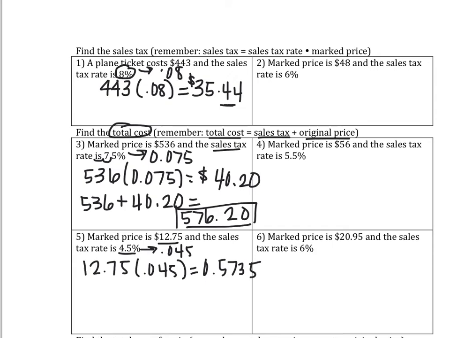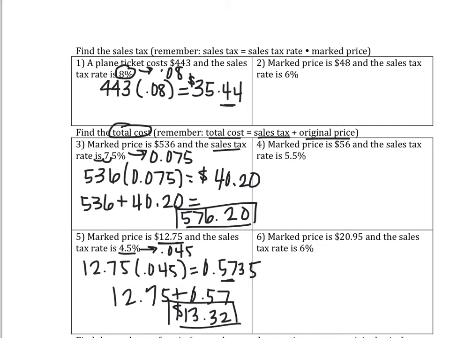So we have to put it into money form, which means we have to round it to 2 place values. So it's going to be 57 cents. Or we can look at it like 0.57. Add that to our original amount. And that's going to give us a total of $13.32 is what we would pay for that $12.75 item.